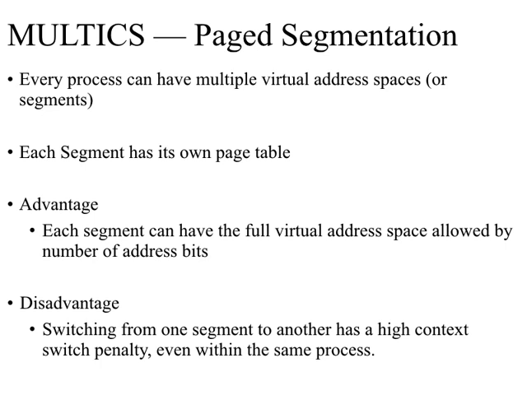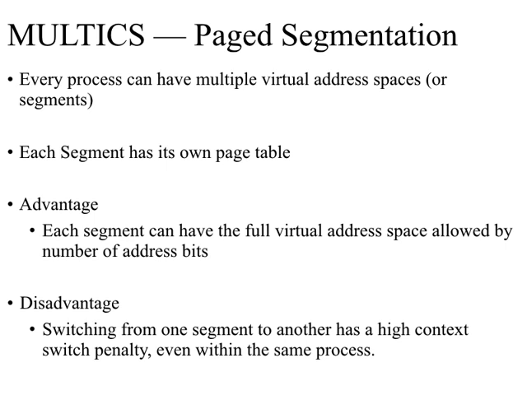So under Multics, every process can have multiple virtual address spaces or multiple segments. Each segment was paged, meaning that every segment could be broken up into pages, and the pages could be paged in or paged out, moved in and out of the main memory as needed. As a result, every segment had its own page table.